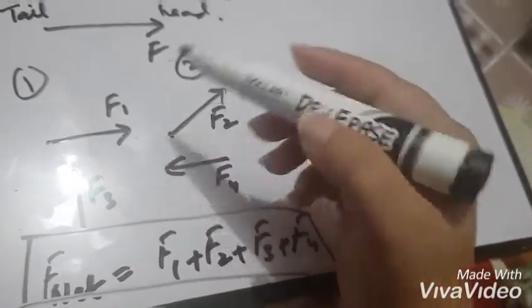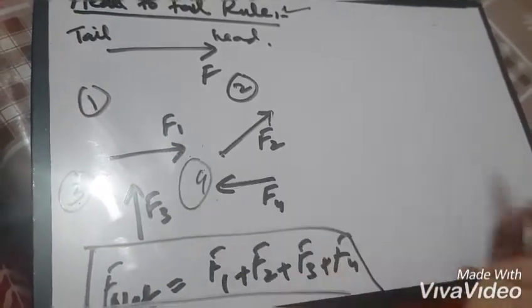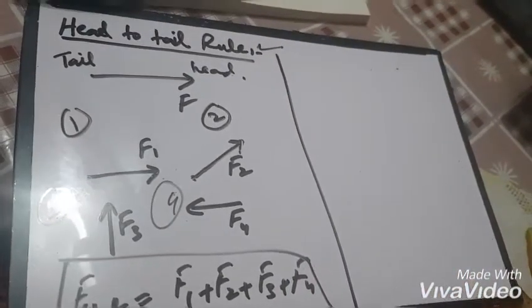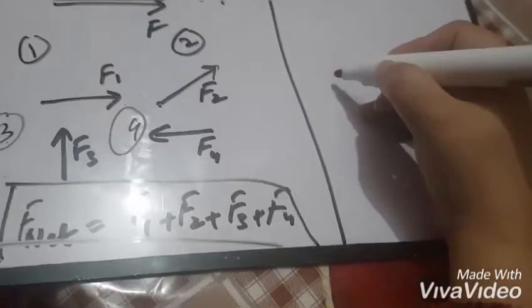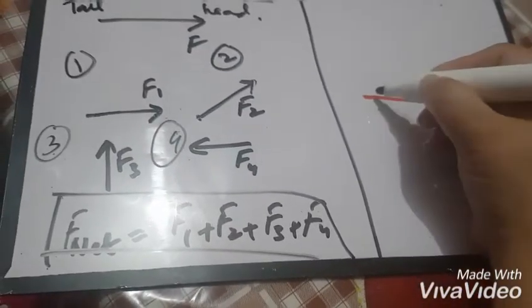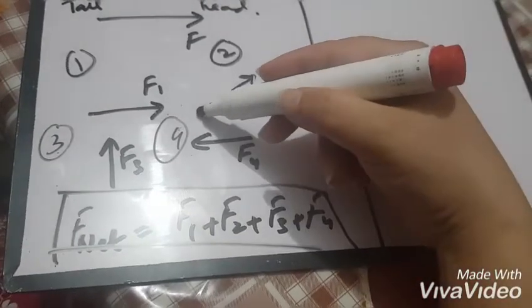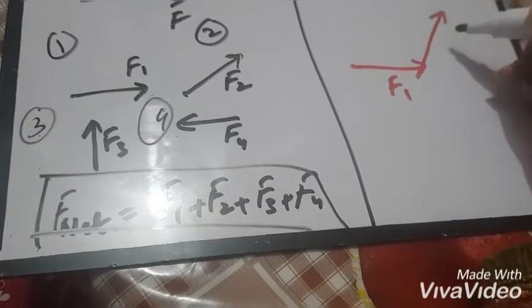So here, by using the head to tail rule, this is the first vector, this is the second vector, this is the third vector, and this is the fourth vector. Let us add all these vectors together. Very simply we can add them, right? Just draw vector f1 like this, its tail, its head, this is f1. Put the tail of the second vector on the head of the first vector in the same direction. We don't have to change the direction.